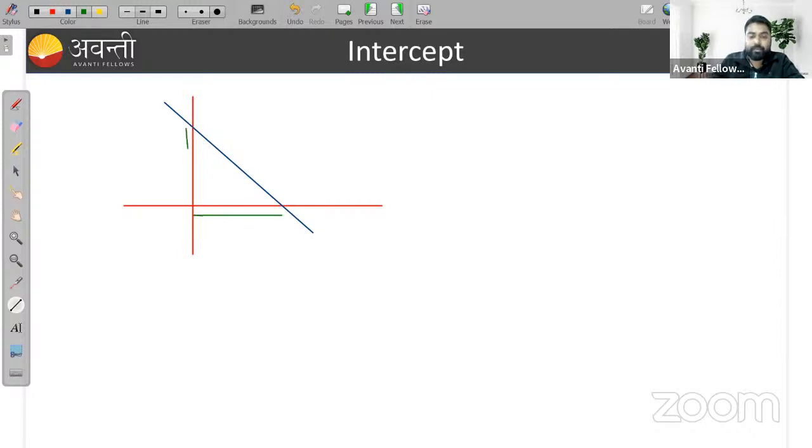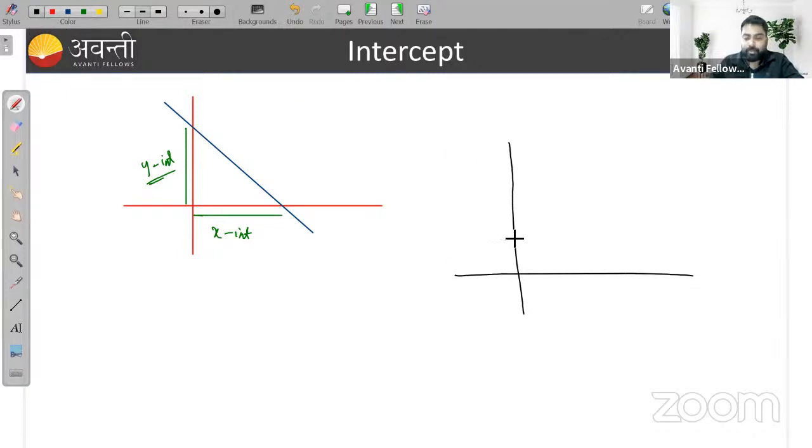This length is called the y-intercept and this is the x-intercept. So easily we can say this is my x-intercept and this is my y-intercept. Clear? Okay.